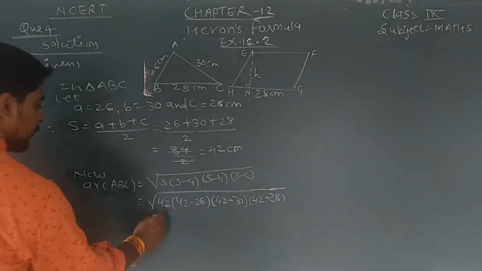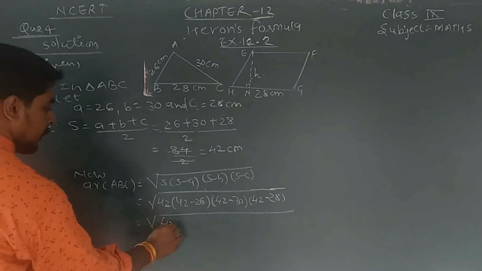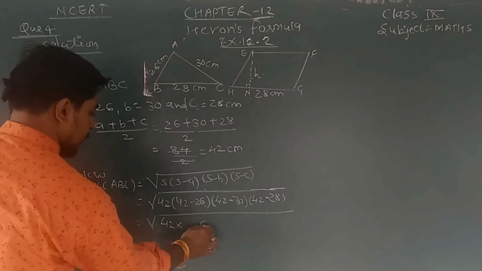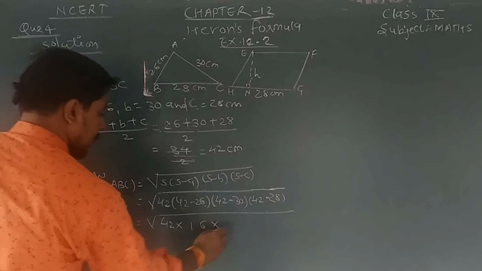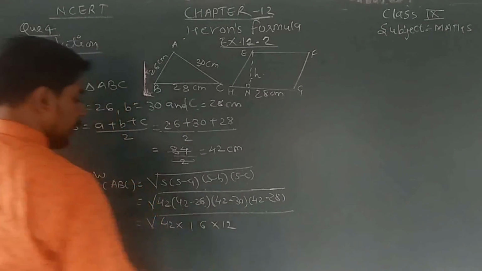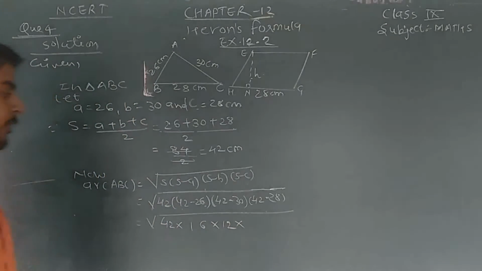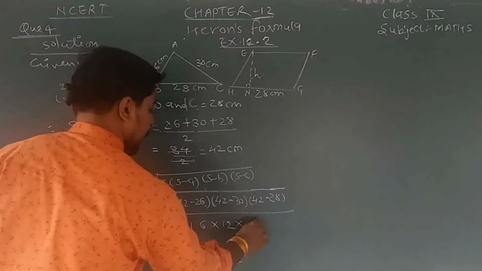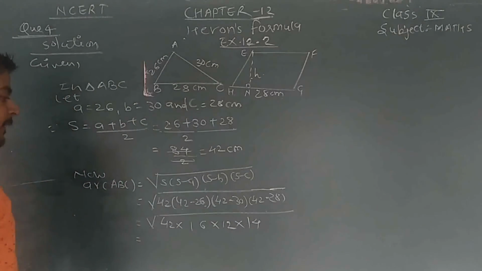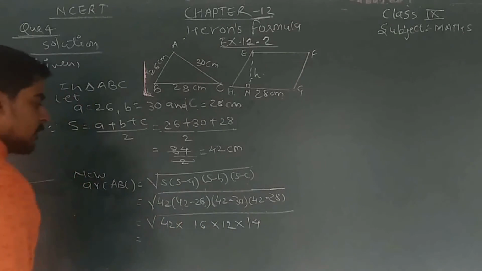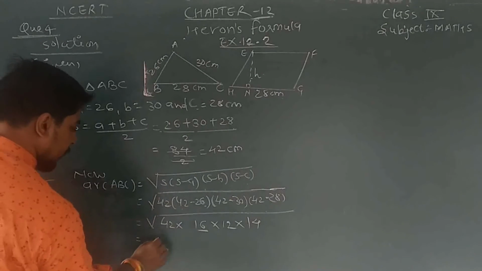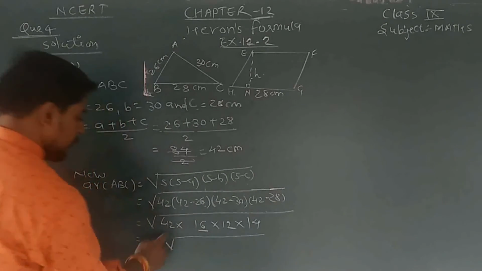That is equal to the square root of 42 multiplied by 16 multiplied by 12 multiplied by 14. Now we can write 16 as the square of 4, therefore the square root of 16 will be 4.